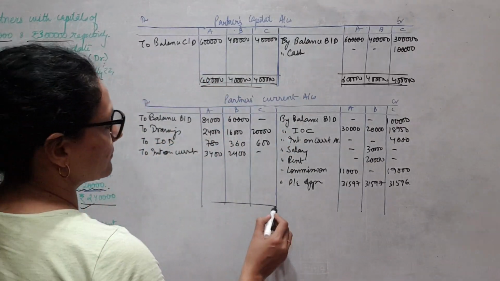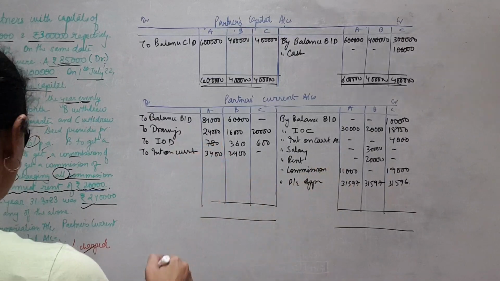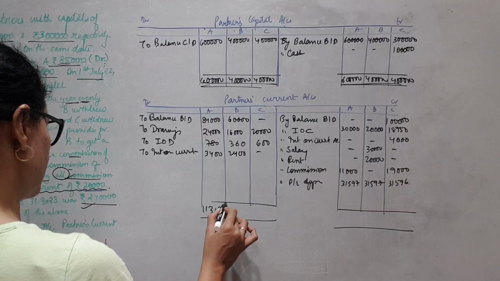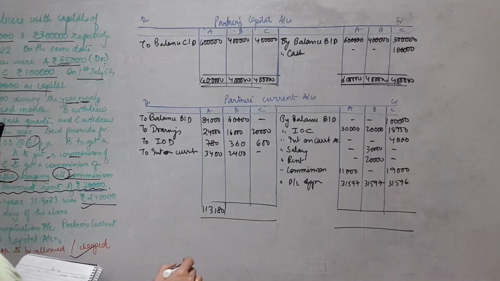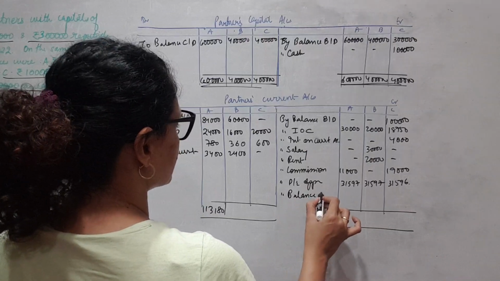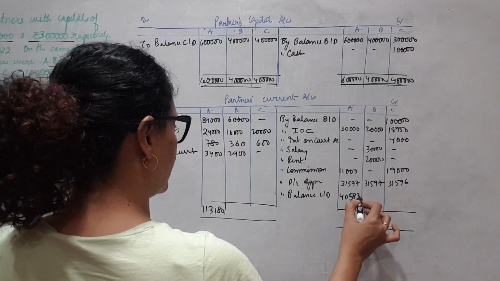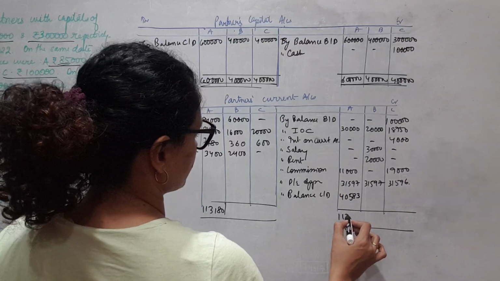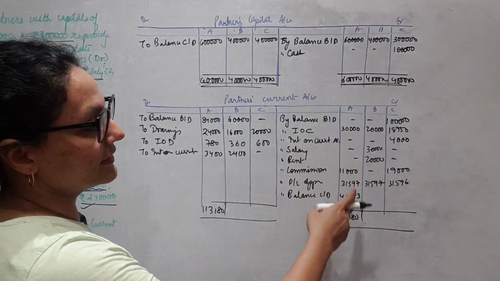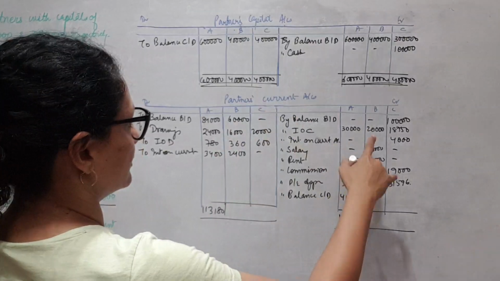So if you see, A's debit side is coming to be more than the credit side. So again he will have a debit balance. This side total is coming to 1,13,180, and I will subtract this. The balance carried down will come here as 40,583. Okay. So again the debit side is more, credit side is less. So here has a negative debit balance. But for B, it is turned positive.